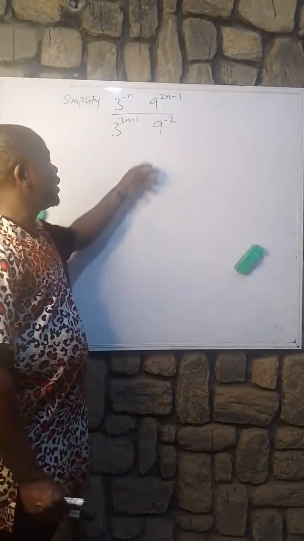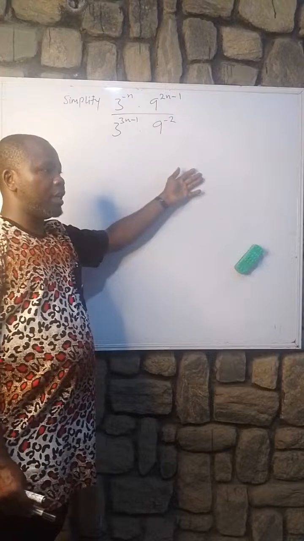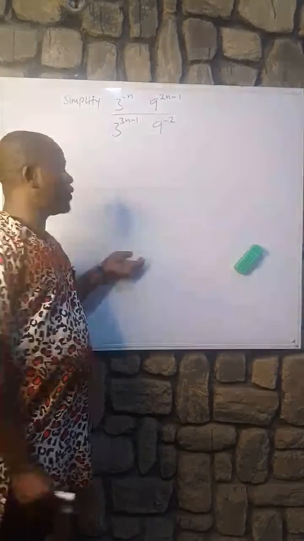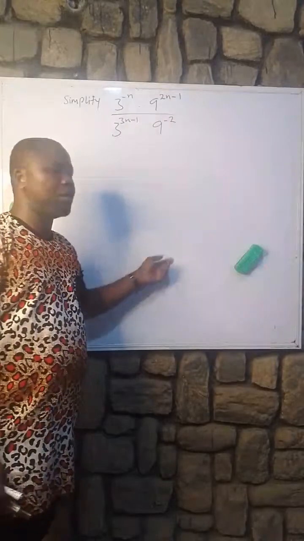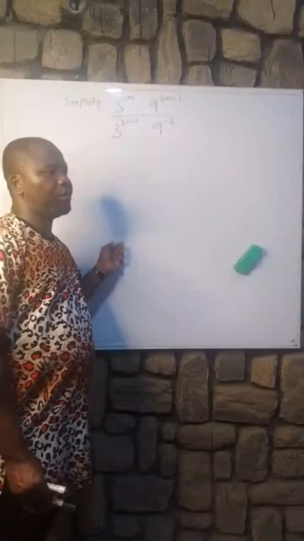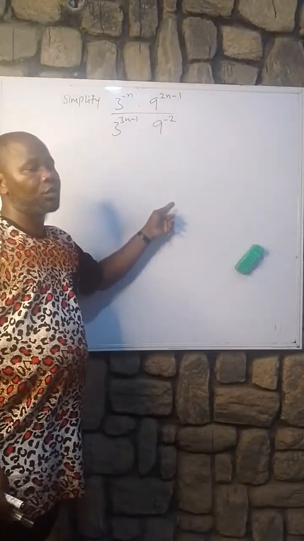In indices, we have the laws of indices: the multiplication law, the division law, the power law and the zero law.